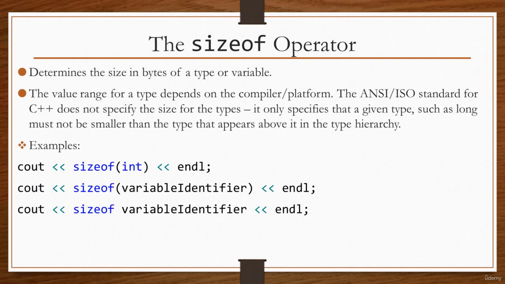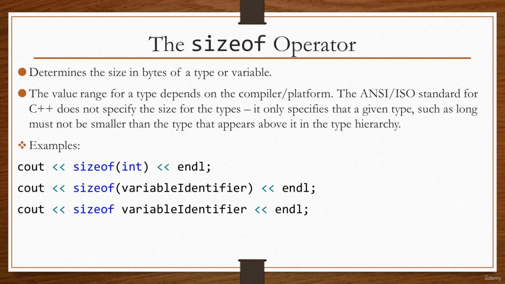So we have this operator or function that determines the size in bytes of a type or variable. In other words, we can give it a type or a variable and it will return the size in bytes. The value range for a type depends on the compiler or platform, so your system. It's important to realize that this is specific to your compiler, so the underlying architecture.